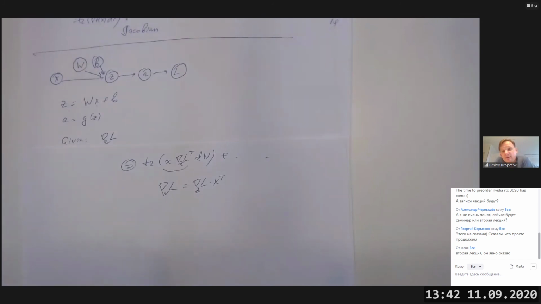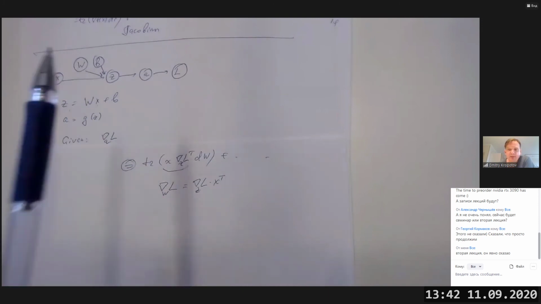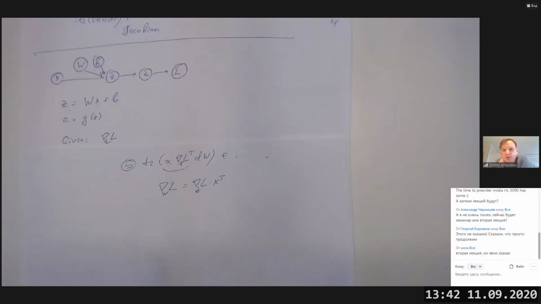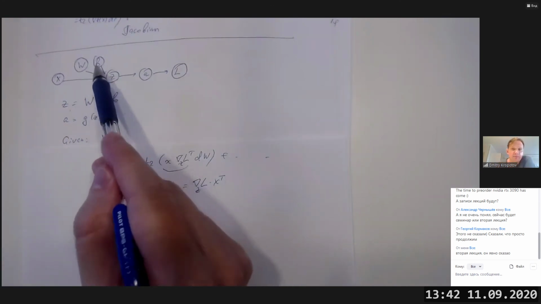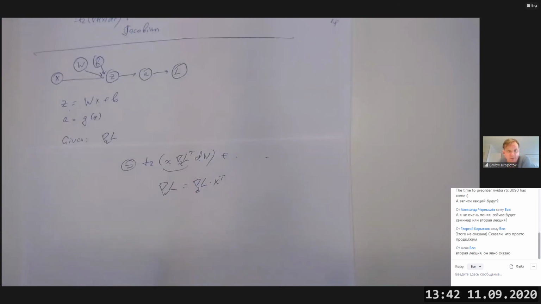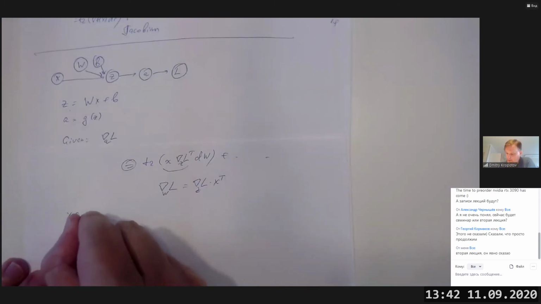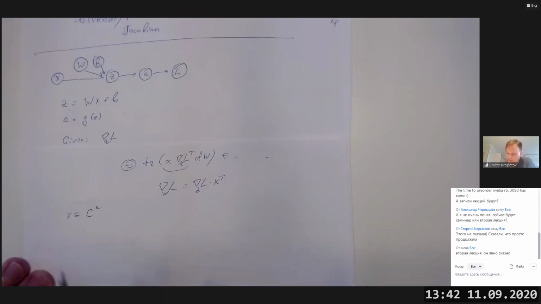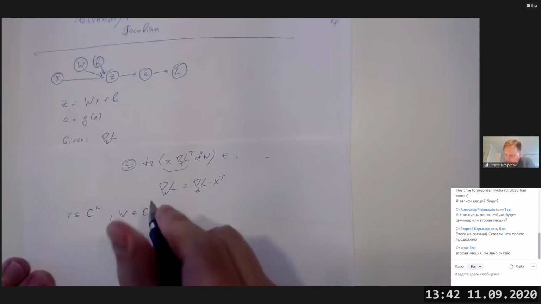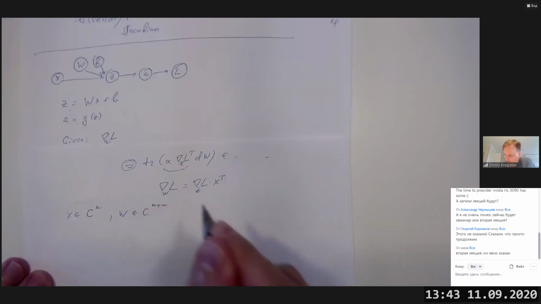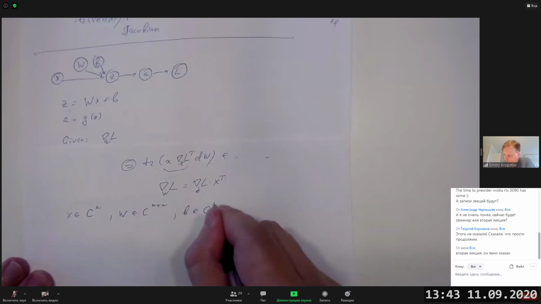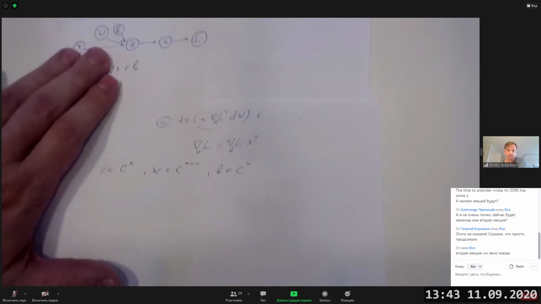Okay, now the question to you. Suppose that in this multi-layer perceptron, you are working not with real numbers, but with complex numbers, which is quite a general case. In signal processing, it's a common situation that your inputs, for example, your parameters W and B are complex numbers. So let's say that X is some vector of complex numbers, W is some matrix of complex numbers, and B is again some vector of complex numbers.